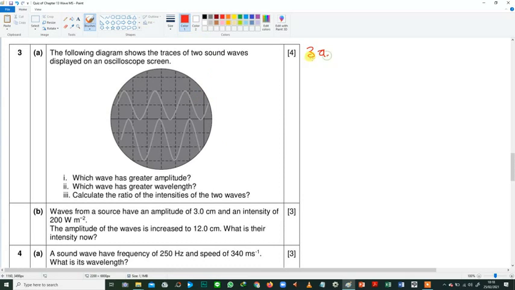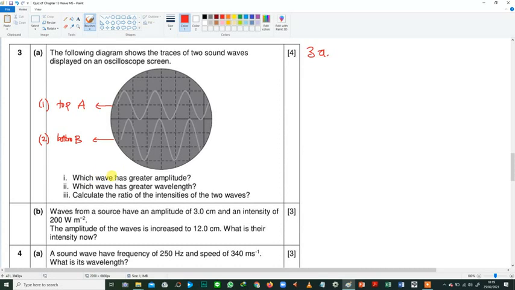3A. The following diagram shows the 2 traces of the sound wave. So we have 2 sound waves, and if I say this is A, this is B, the A is at the top, or you can say this is the first wave. B is the bottom one, so you can say it's the bottom wave, or the second wave.